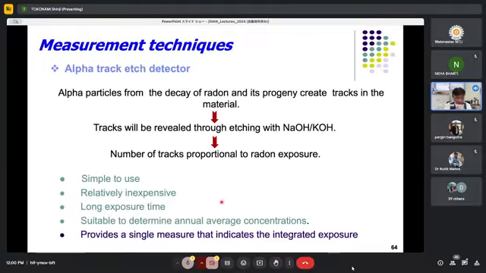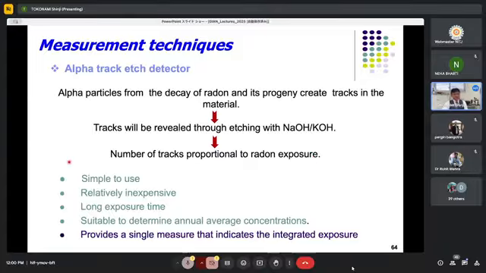Alpha track etch detector. Alpha particles from the decay of radon and its progeny create a track in the material. Tracks will be revealed through etching with sodium hydroxide and potassium hydroxide. The number of tracks is proportional to radon exposure.